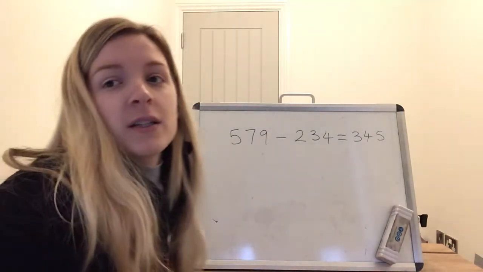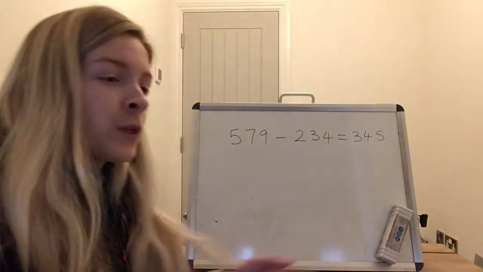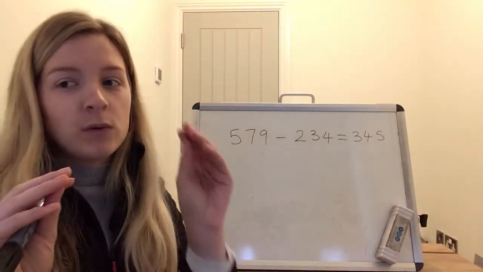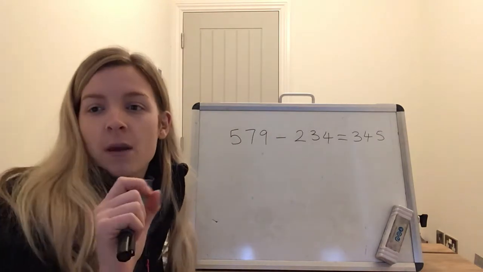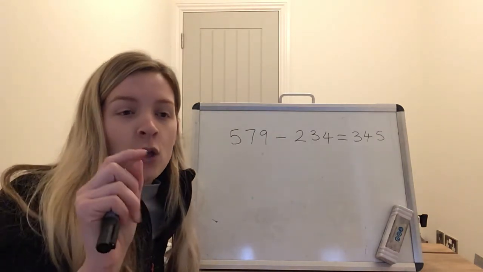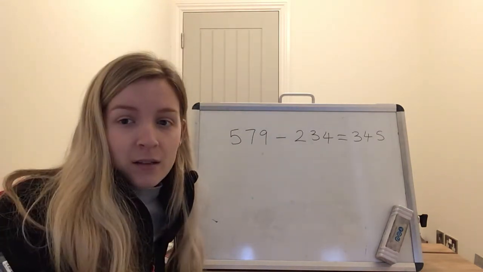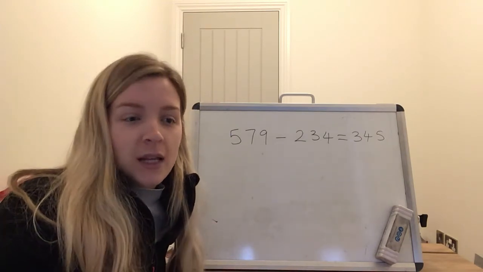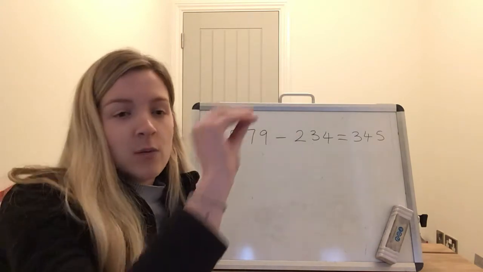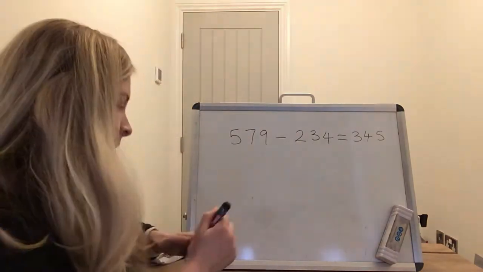So your task today, year 3, is you're going to have a little table, and there will be some sums underneath. You do not need to work the answers out unless that will help you, and you need to put them in the table.